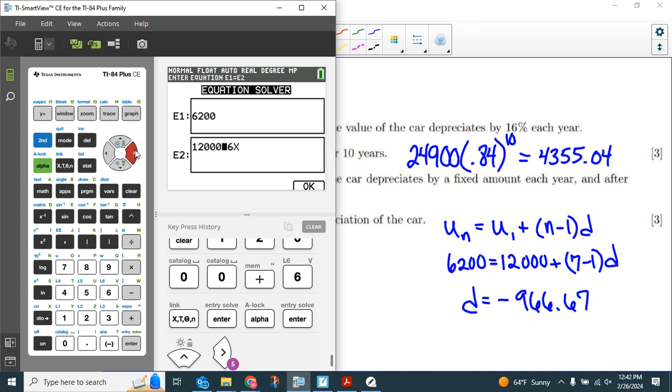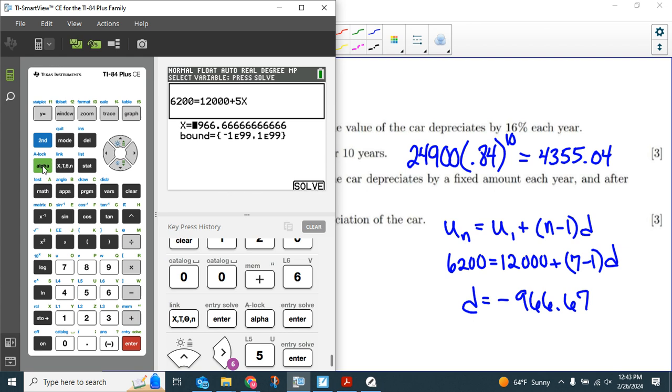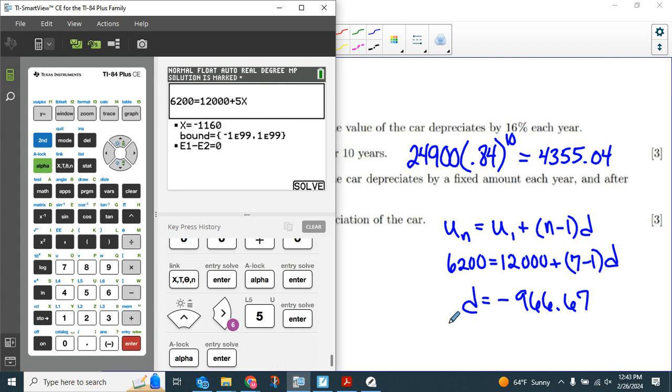If that were 6, then n minus 1, 6 minus 1, would be 5. Yeah, negative 1160. I'm sure that's what they wanted. So they just wrote this terribly incorrectly.